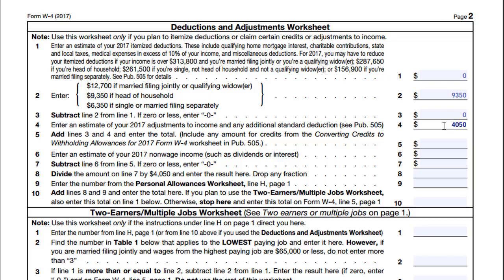Susan will enter $4,050. As Susan begins to track her expenses, she can always come back and adjust this number if $4,050 is too conservative of a number. As of year 2017, every $4,050 allows you one additional allowance.